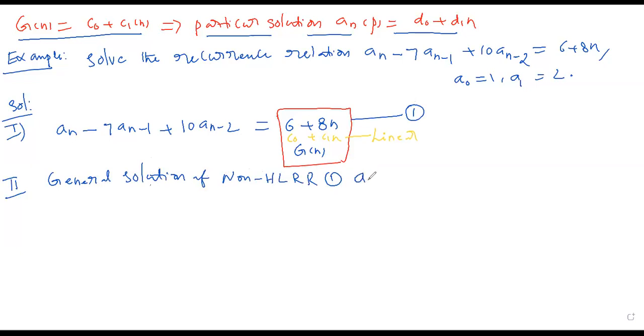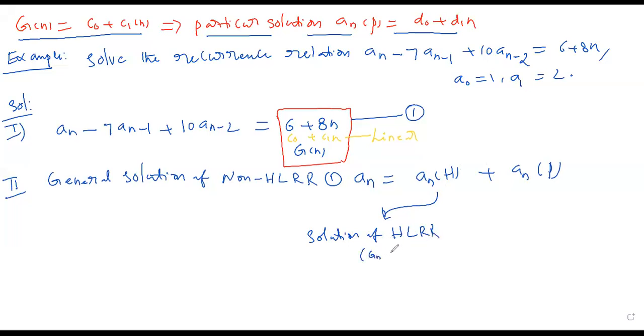If you take a non-homogeneous recurrence relation, it contains the sum of two solutions: a_n^(h) is one solution and a_n^(p) is the other. Here a_n^(h) is the solution of the homogeneous linear recurrence relation, meaning G(n) equals 0, and a_n^(p) is the particular solution.